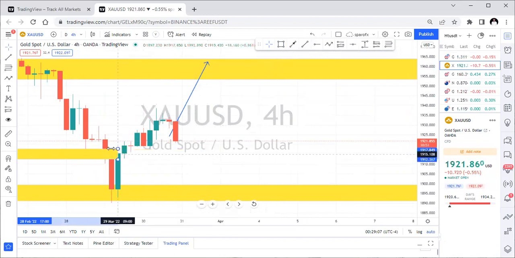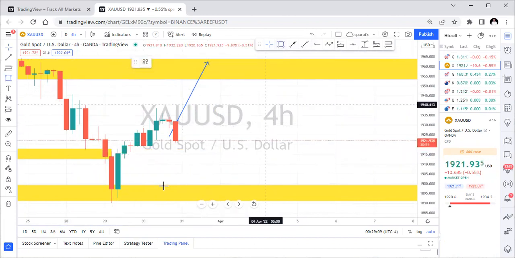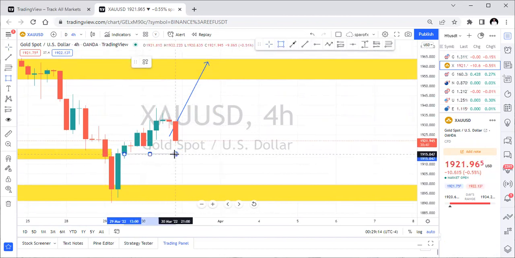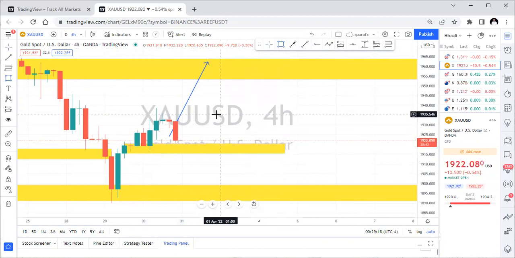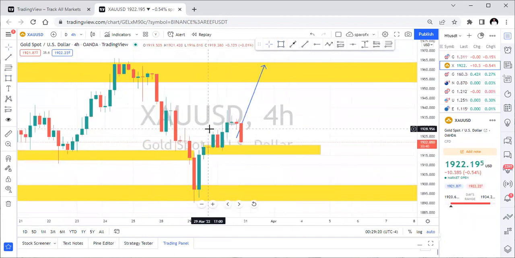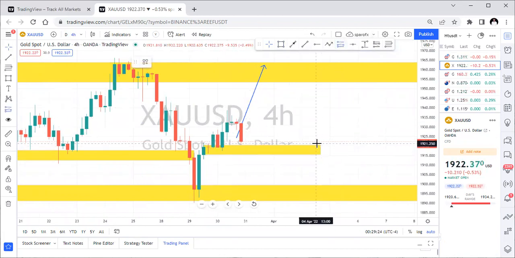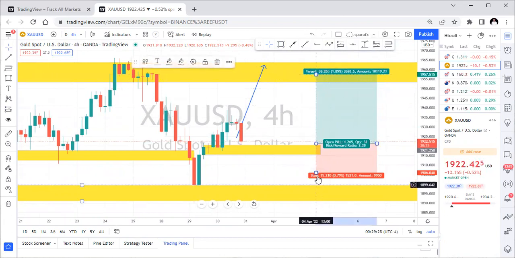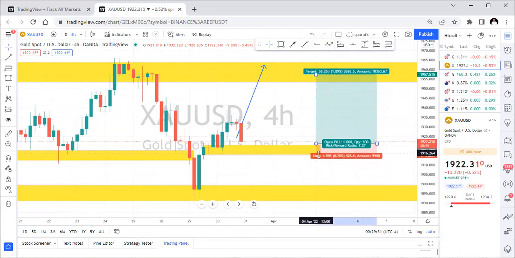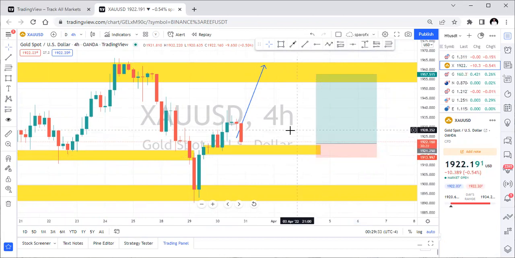Let me take this to this side. It's trying to get into the very supply zone. Sorry, demand zone. I mean, demand zone. Then maybe I'm risking my entry from here. I will be targeting the next zone, and my stop loss will just be below here.